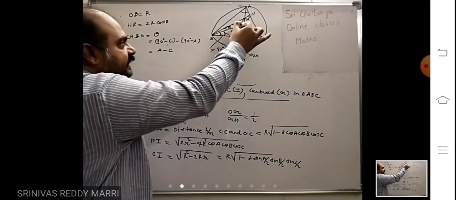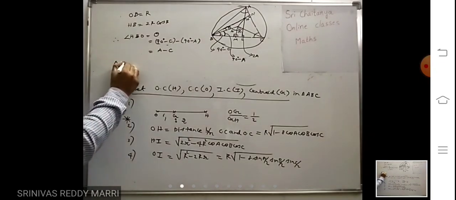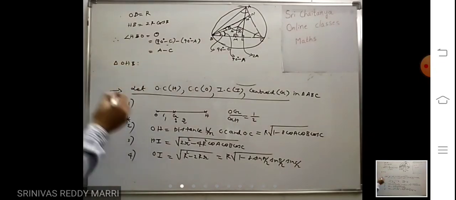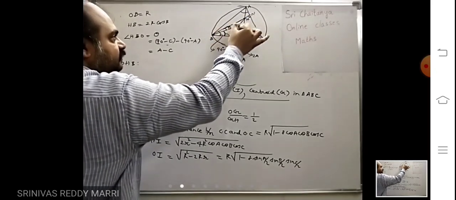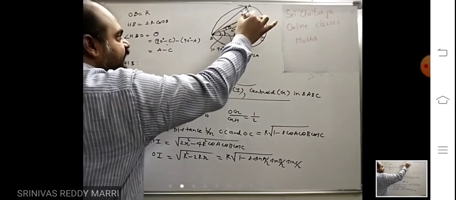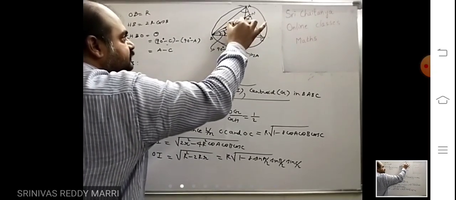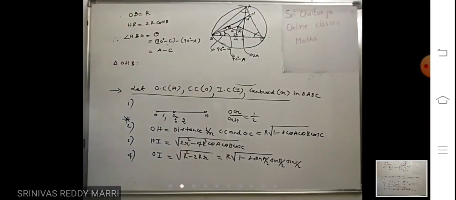Now look at the triangle OHB. In triangle OHB, you know the OB side, that is nothing but R. You know the BH side length, so you know two sides and the included angle. You have to calculate the third side, that is nothing but OH.